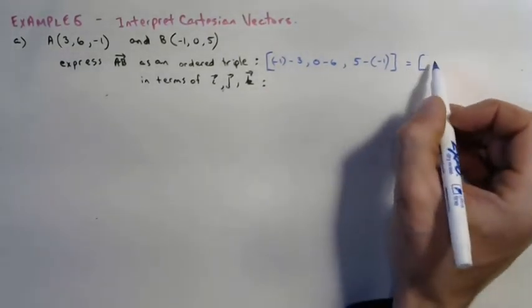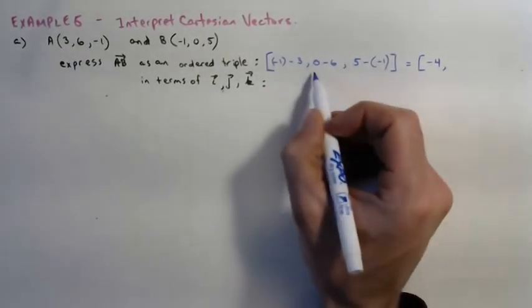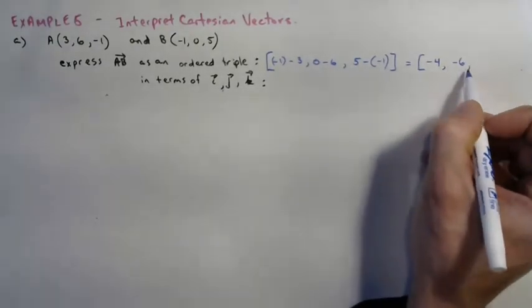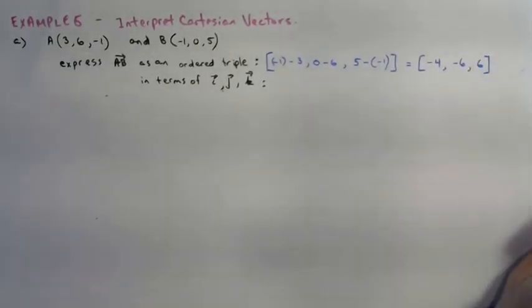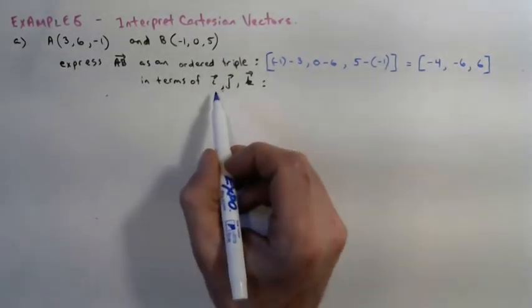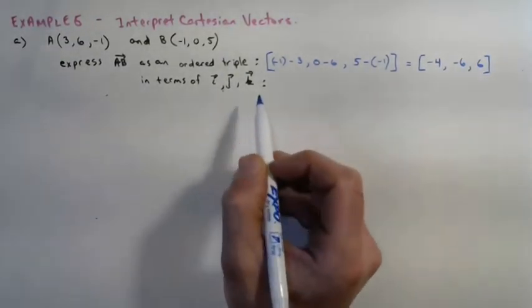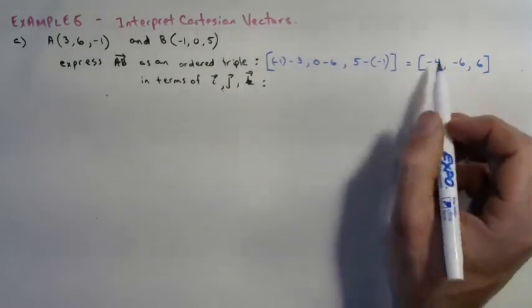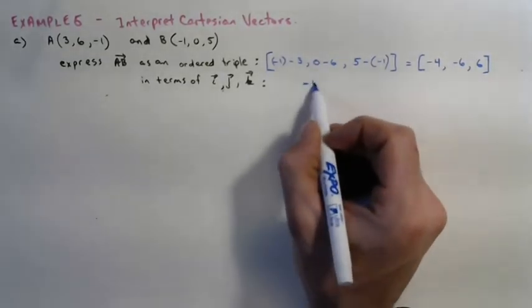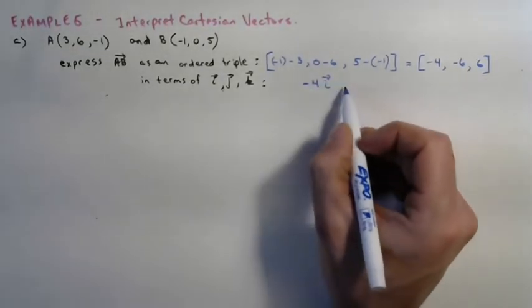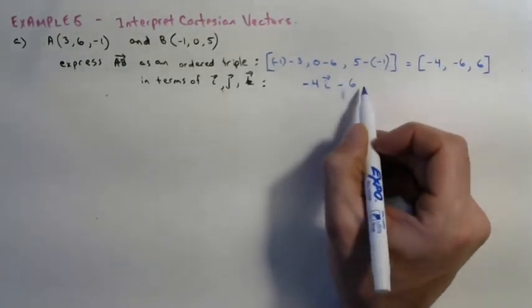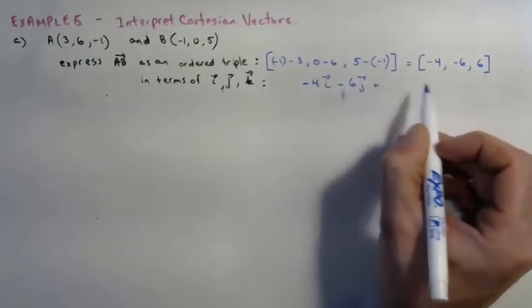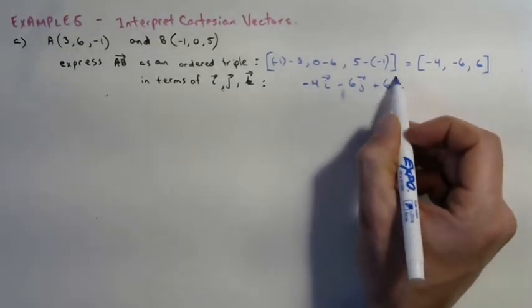Negative 1 minus 3 is negative 4. 0 minus 6 is negative 6. 5 plus 1 is 6. In terms of the unit vectors i, j, and k, you can look over here. This is going to be negative 4i plus negative 6j, so I'm going to go minus 6j plus 6k.